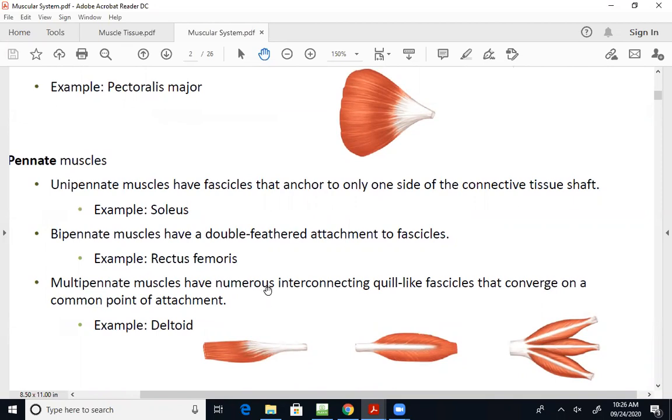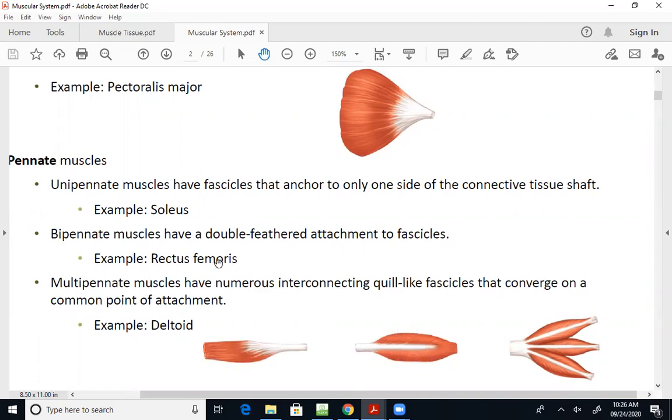Unipennate, uni means what? One. They have fascicles anchoring to only one side of the connective tissue shaft. So essentially the tendon has an extension that projects to the side, and therefore the fascicles radiate out from that. Bipennate to me always looks like a feather, where it's got that middle shaft in the interior of the muscle, and then the fascicles radiate out from it.